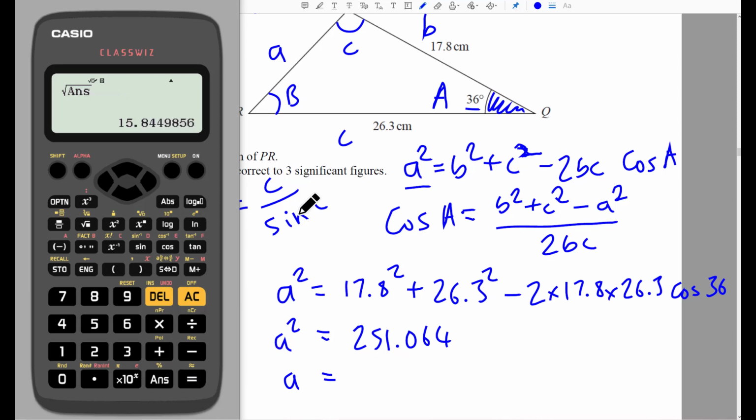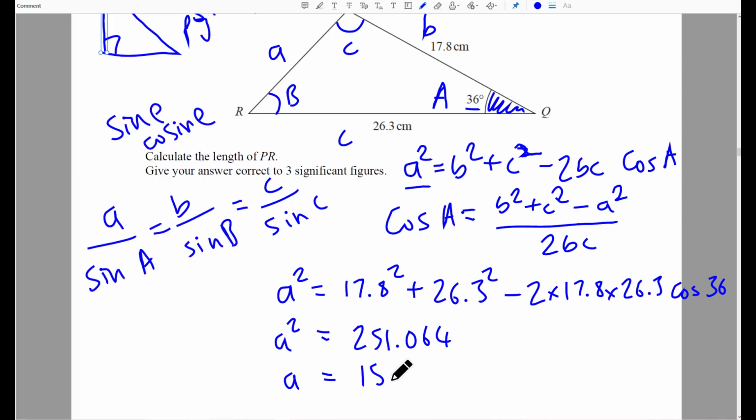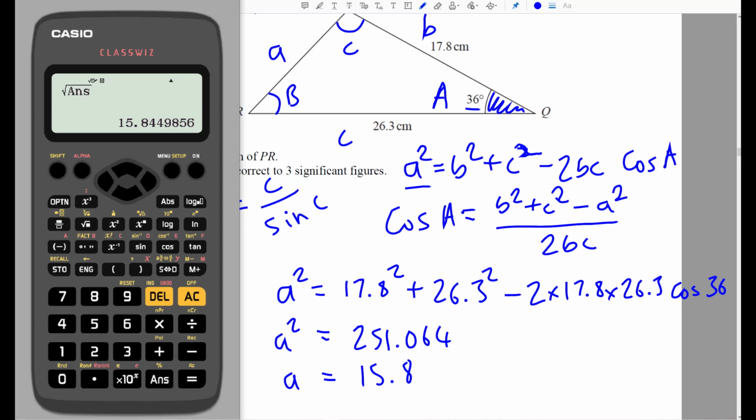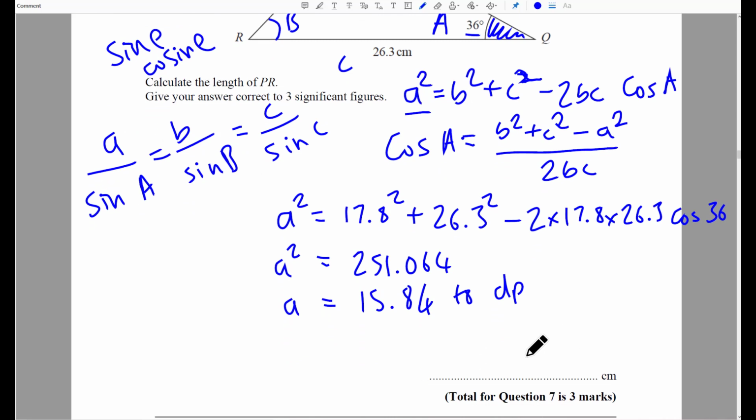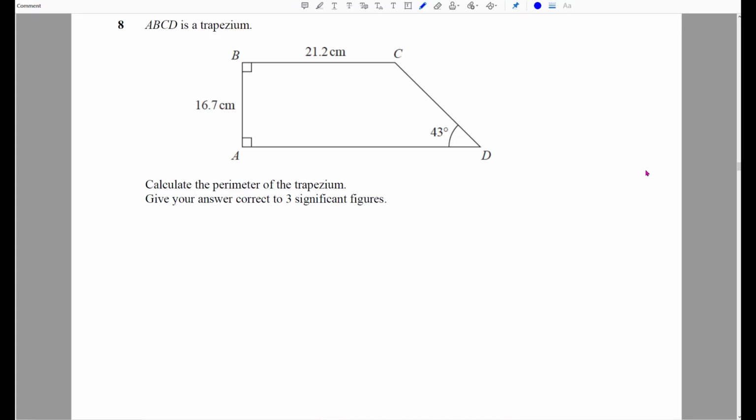That says 15.84 to 2 decimal places. Now 3 significant figures, that's 1, 2, 3, so it's going to be 15.8. And that size seems feasible, so I've done things correctly.